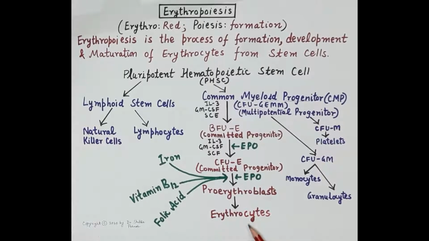Now the most important agents are erythropoietin, iron, vitamin B12 and folic acid. All these substances are required for the differentiation and division of proerythroblast and their final maturation into mature erythrocytes or RBCs.